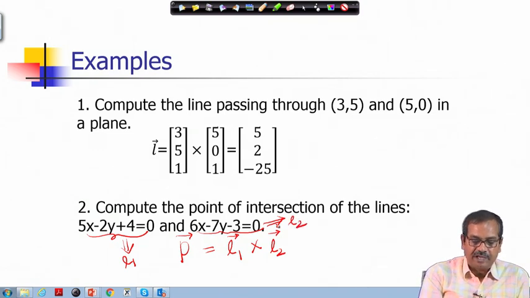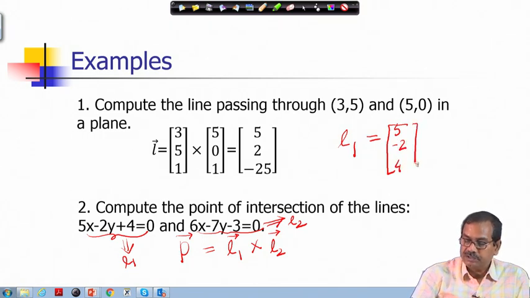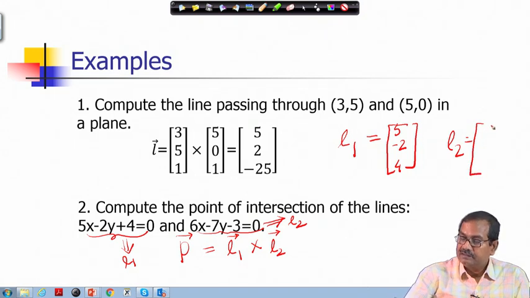From 5x minus 2y plus 4, we know that L1 can be represented as 5, minus 2, 4, and from 6x minus 7y minus 3, L2 is represented as 6, minus 7, minus 3.